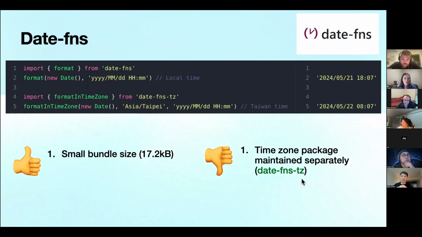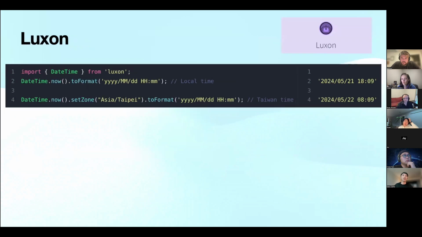At the time I created this project, date-fns had just been upgraded to version 3, but the companion package did not get upgraded together. So I cannot use the latest date-fns and have the time zone feature together, which does not fit my requirements. So I didn't choose it as well.